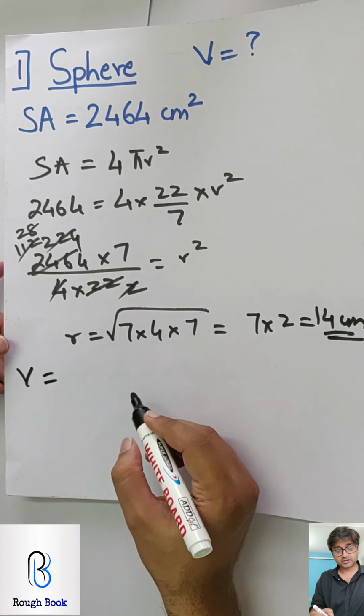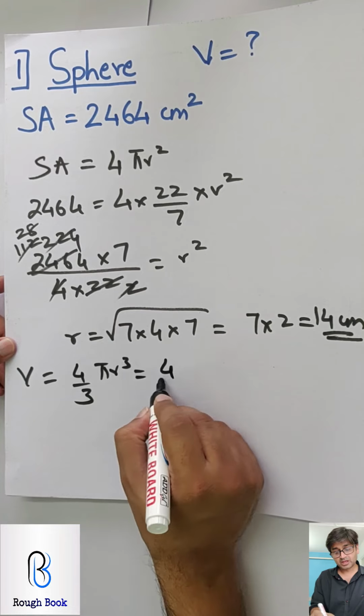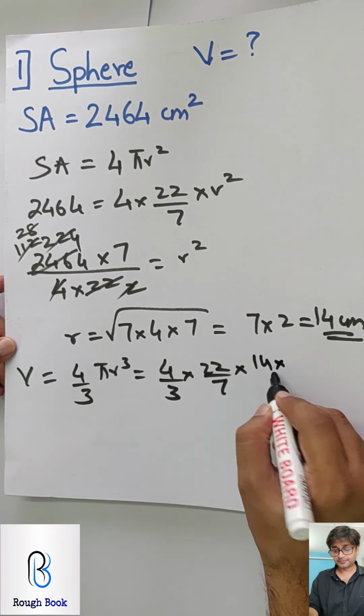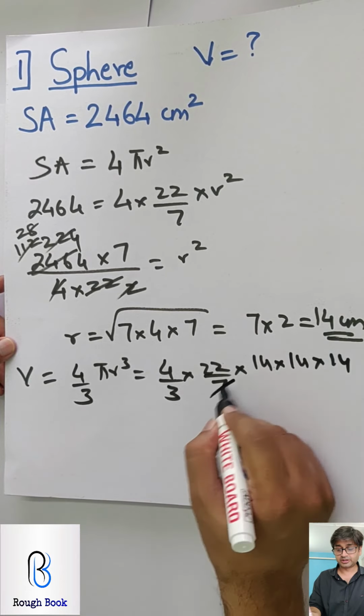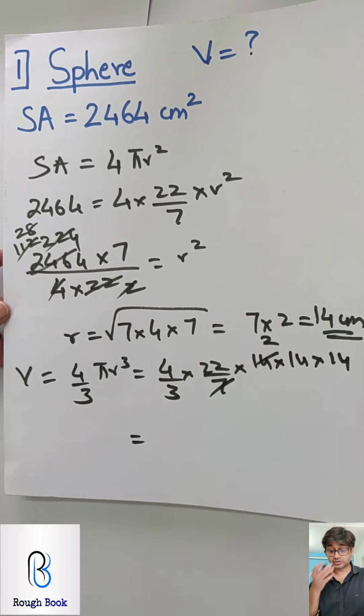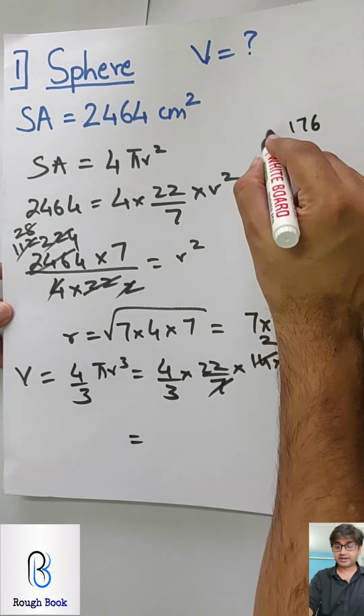Now we need to calculate the volume. So volume for the sphere, 4 upon 3 pi r cube. So 4 upon 3 into 22 by 7 into 14 into 14 into 14. Nothing else gets cancelled over here, so a lot of things to be multiplied. So 88 into 2, 176 and 196.